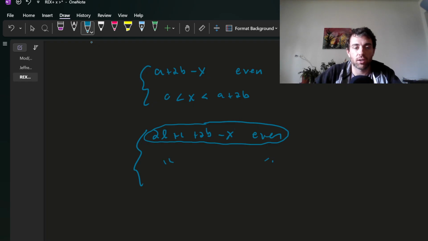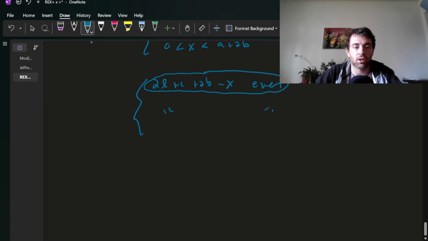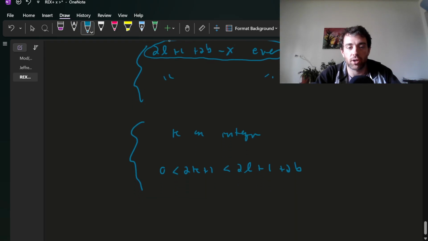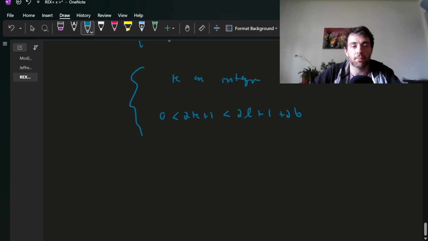So these conditions end up, just as before, becoming the conditions for all 2K plus 1 between 2L plus 1 plus 2B, so that's this second equation here, and K an integer. Right, so it just boils down to this equation.